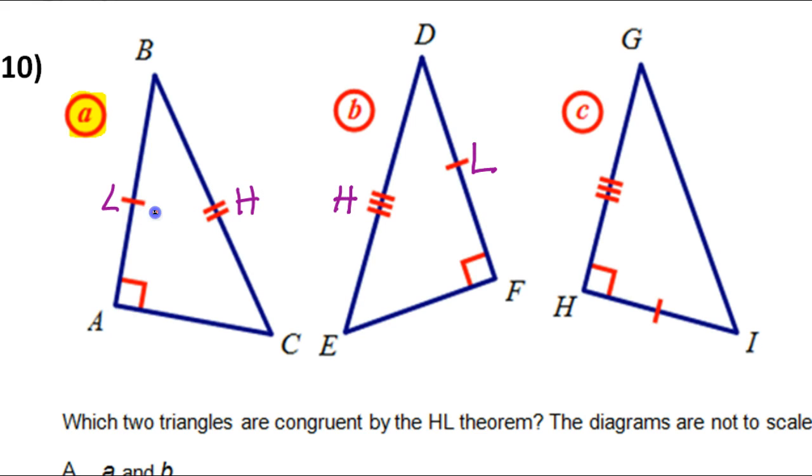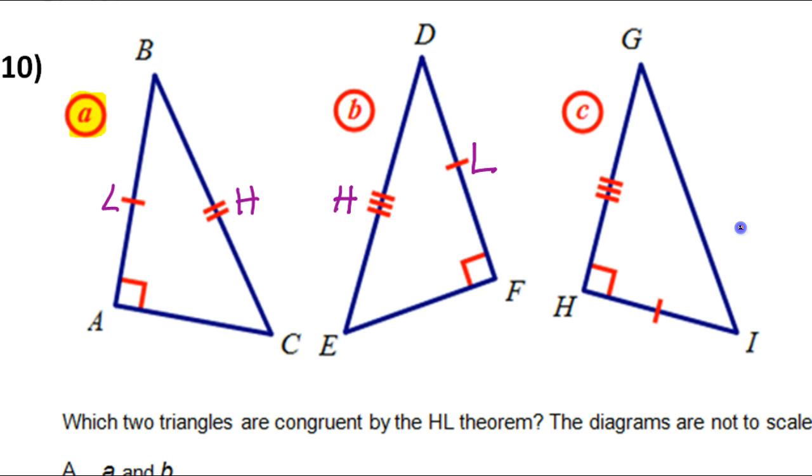Because we do have a hypotenuse and a leg marked, and this is a hypotenuse and a leg also marked. But because the hypotenuses are marked differently, that means that these are not congruent to each other. So we can't say A and B for that reason.